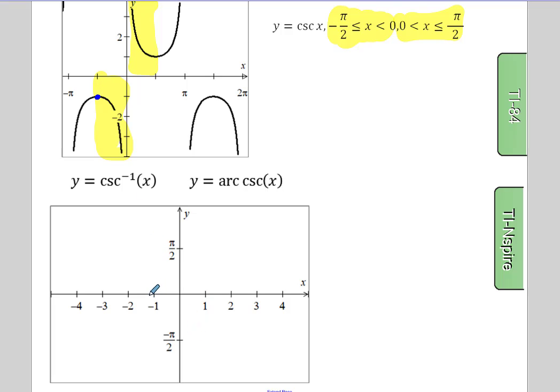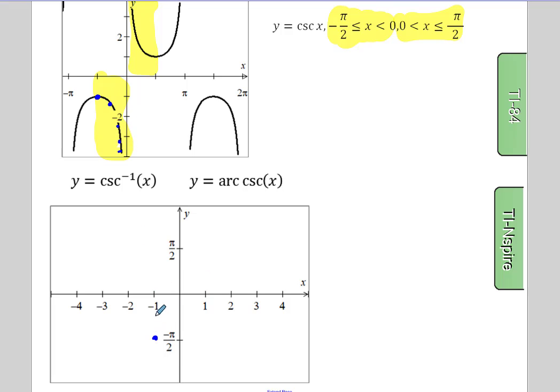That means we can come over here to our graph for the inverse. This is the cosecant inverse, or arc cosecant, whichever method you prefer. And instead of having negative pi over 2, negative 1, we'll have negative 1, negative pi over 2. And then notice as we get closer to 0 that our values go down.